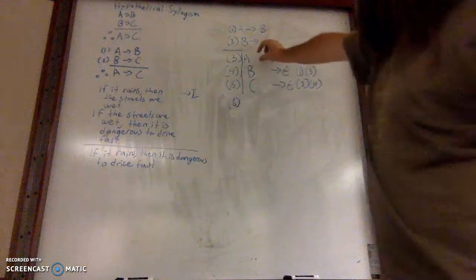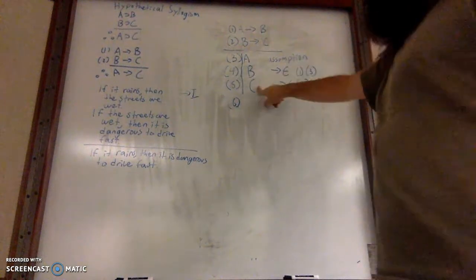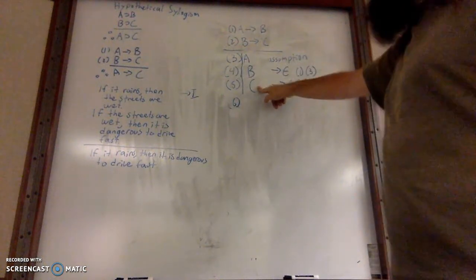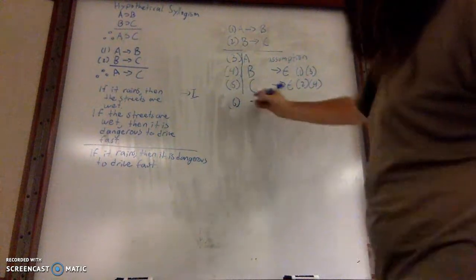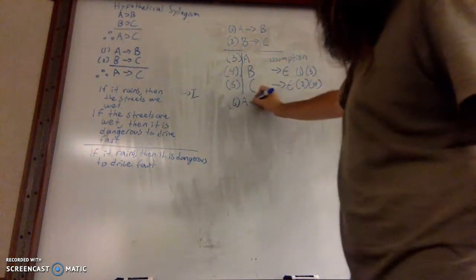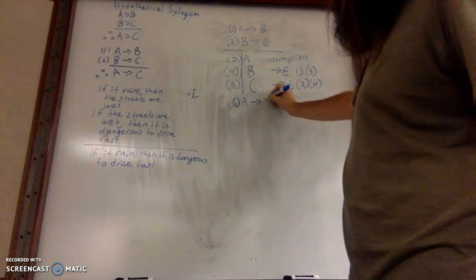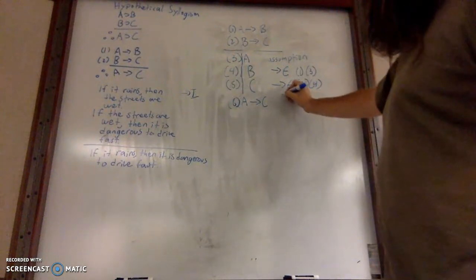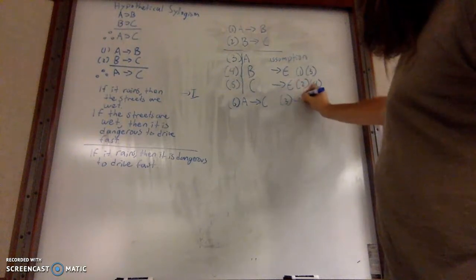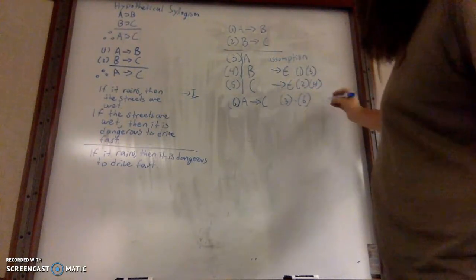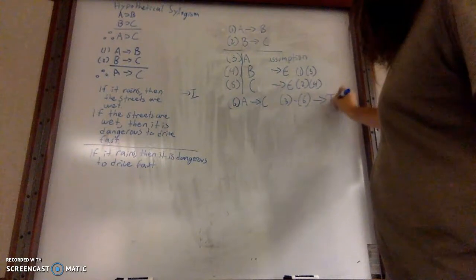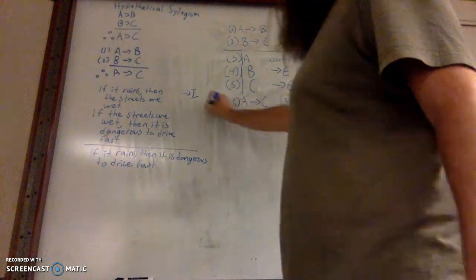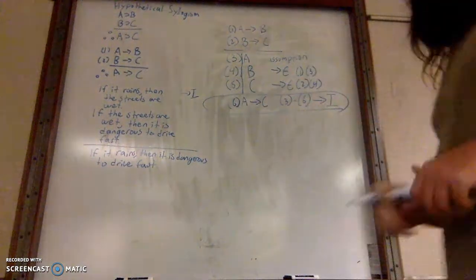If I assume that A is the case, then I discover that C is the case. So as I said, one of the things I could do with an assumption is to introduce a conditional from it. So we have if A, then C, from lines 3 to 6, and the rule I'm using here is conditional introduction. And this is our conclusion, okay?